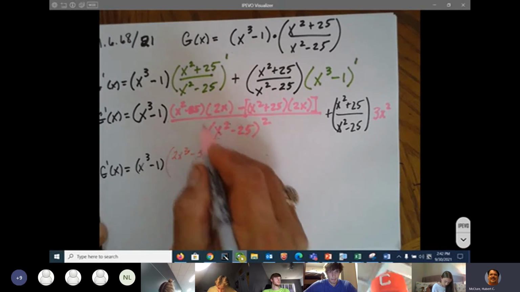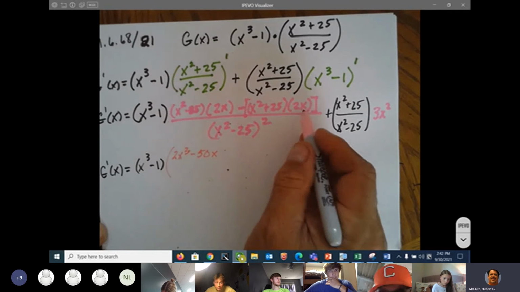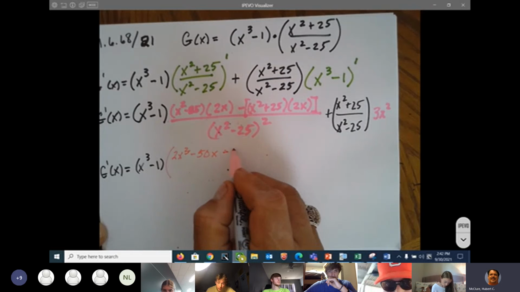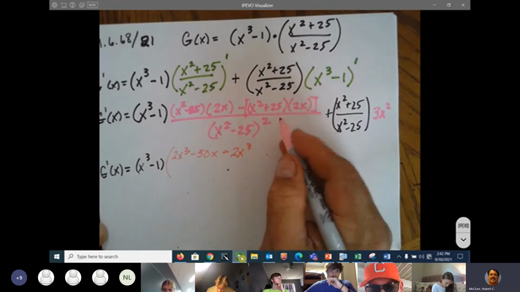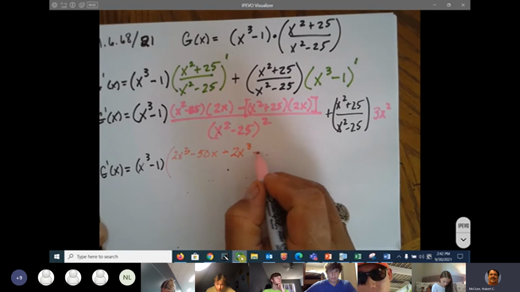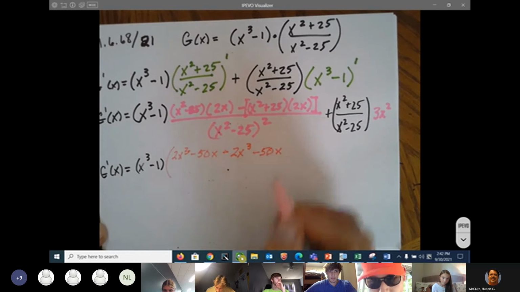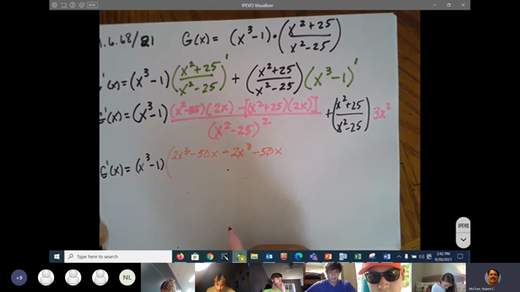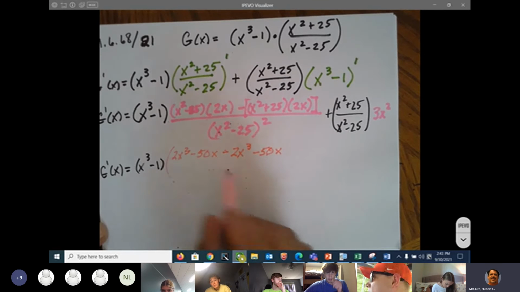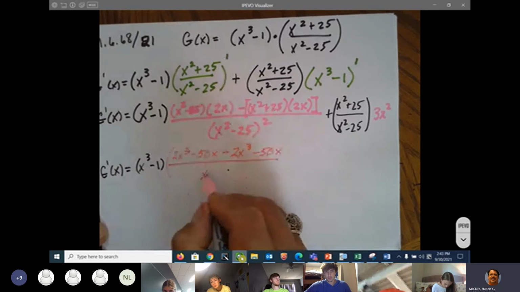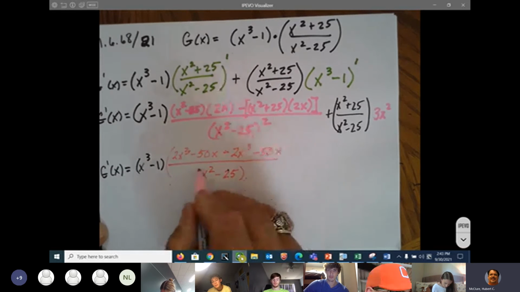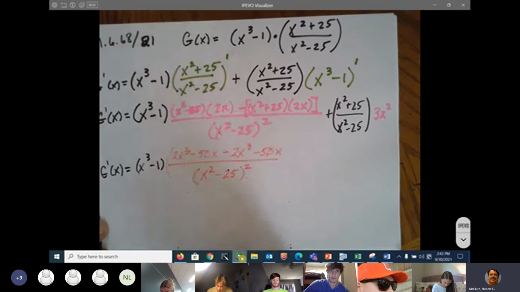And that's going to be 50x, and that's going to be negative 2x cubed. And minus 50x. Y'all check my algebra and make sure I didn't screw that up. Over x squared minus 25 squared.